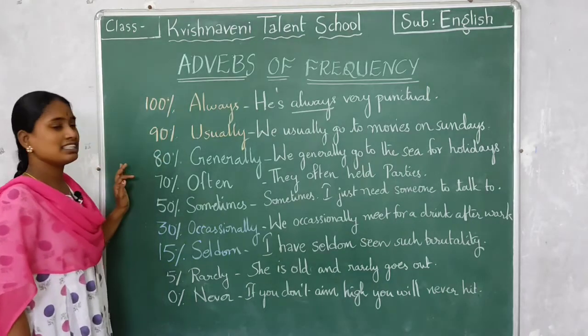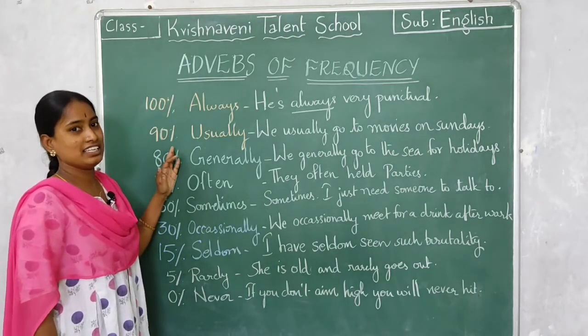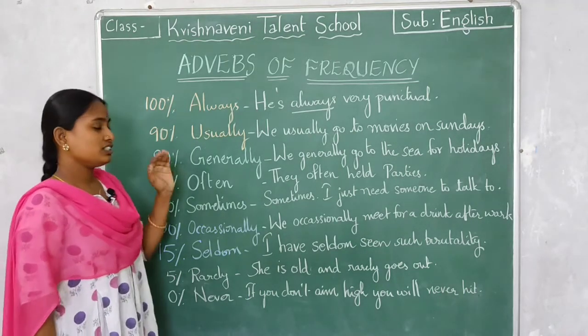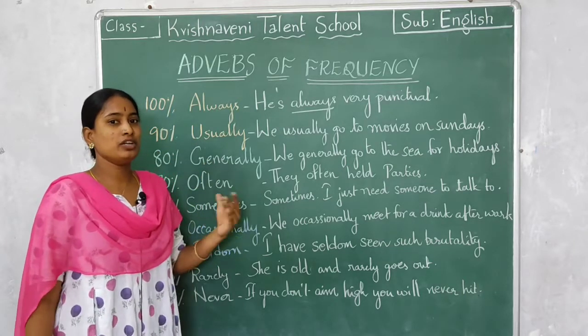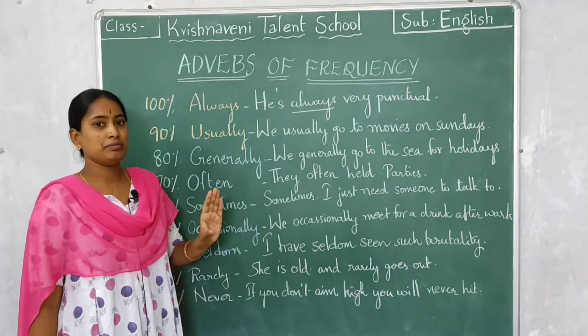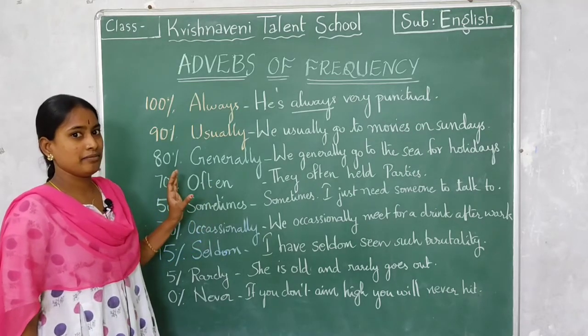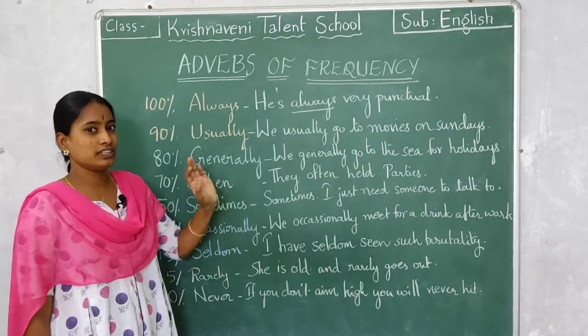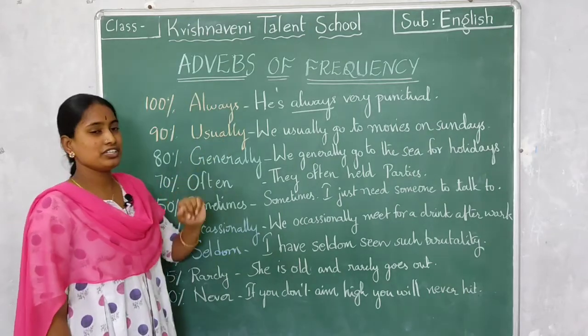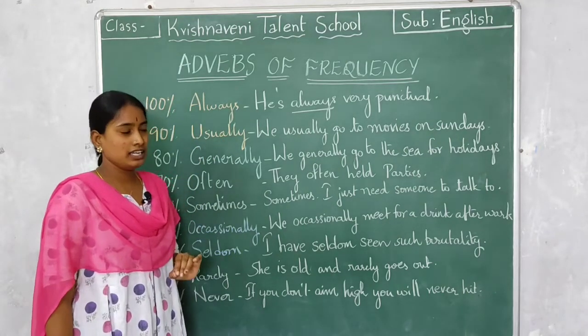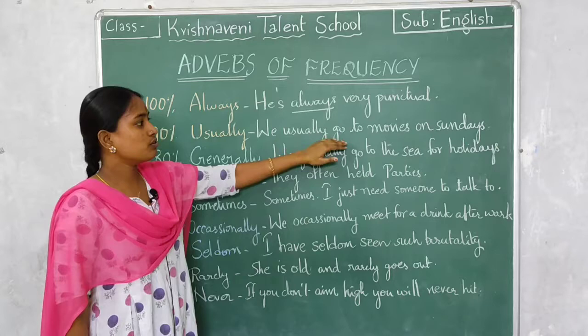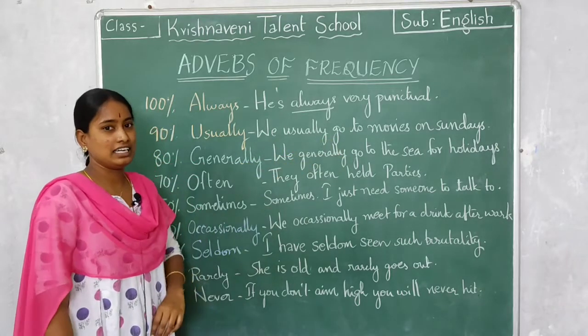The next percentage is 90%. Out of 100, he may not do that action for 10%, but the remaining 90%, most of the time, he goes for that action. At that time we should use usually. We usually go to movies on Sundays.